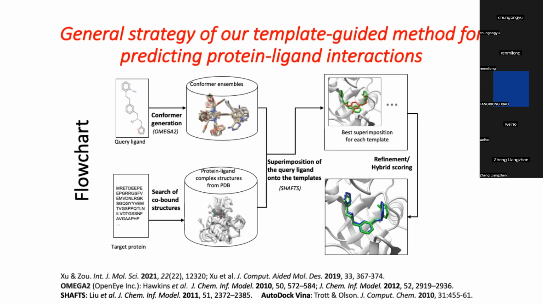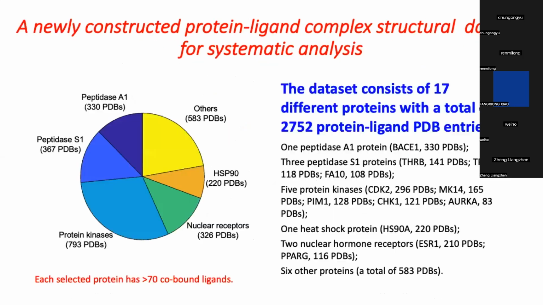Then we use the SHAFTS program by Liu et al. to superimpose each conformer of the query ligand onto the protein-ligand complex structures. We evaluate them and choose the best superimposition. We also use OpenEye's tools to do local refinement and minimization. Then we use our hybrid scoring function to rank them and give the results.